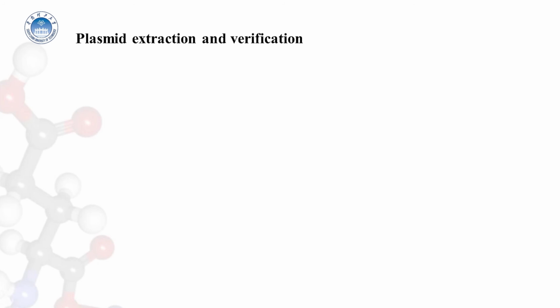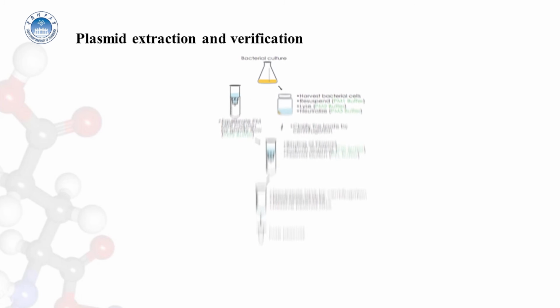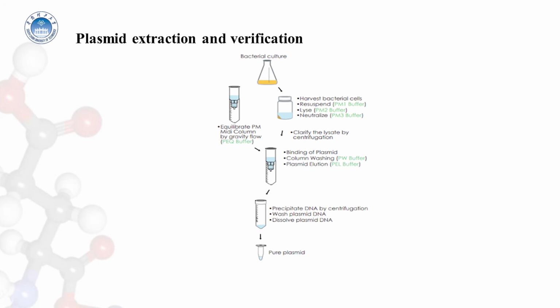Then move to the plasmid extraction. Inoculate the appropriate antibiotic medium with a single colony of the transformed bacteria and incubate the culture overnight at 37 degrees with vigorous shaking. Then centrifuge at the maximum speed for 30 seconds to collect the bacterial pellet as dry as possible.